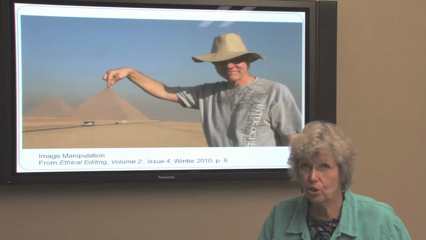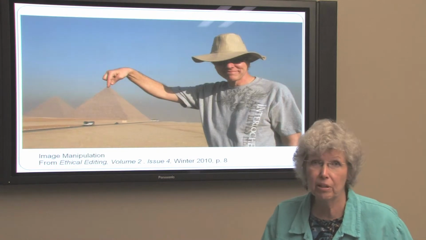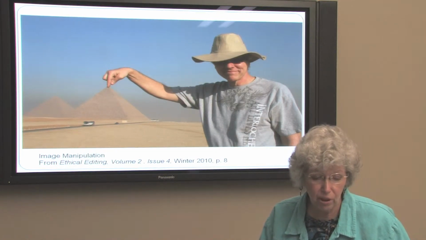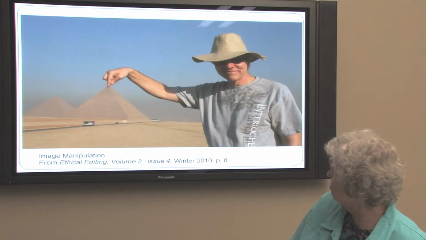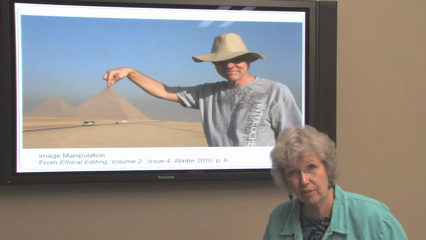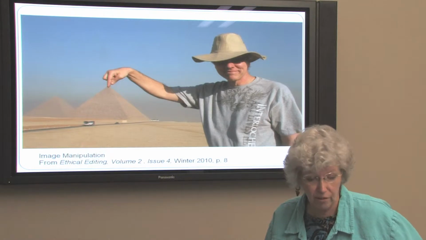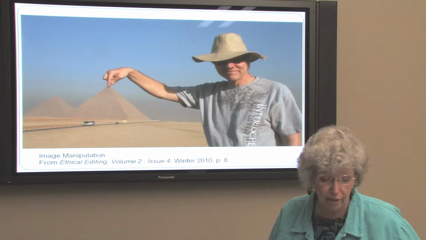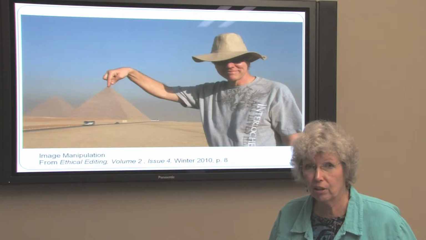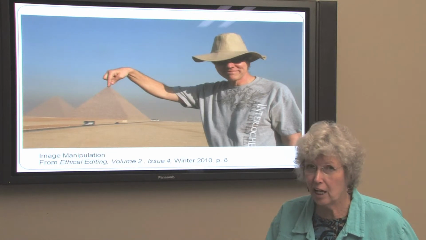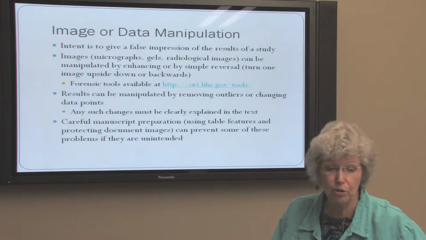I'm going to switch topics here now and talk a little bit about image manipulation, which is becoming a really big issue. We've all taken vacations like this, where you stand in front of the Eiffel Tower and you look like you're towering over the Eiffel Tower or the pyramids or whatever. It's just a photographic trick, and that can happen with certain kinds of images.